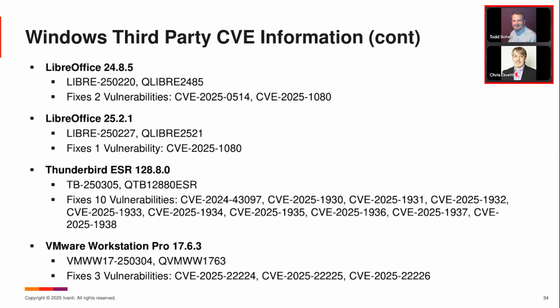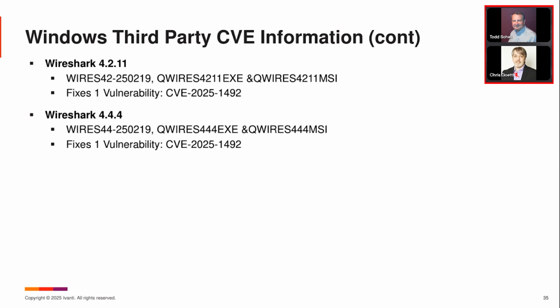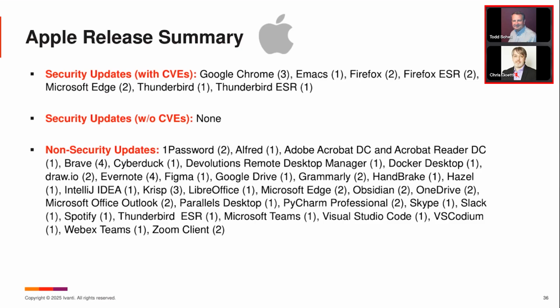LibreOffice had a number of updates this month. Thunderbird, the email program also from Mozilla, gets regular updates as well. We saw an update from VMware Workstation addressing 3 vulnerabilities as shown there. And finally, for those of you who are in debug mode and running Wireshark, both versions of Wireshark got some updates this month as well, addressing one CVE each, I should say.